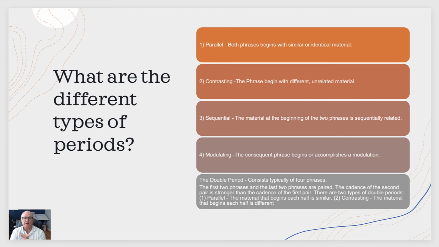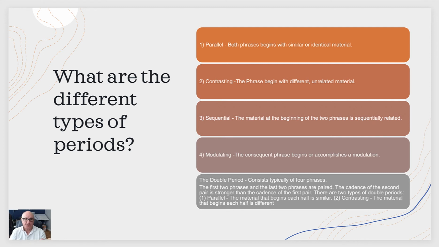So you have the initial phrase, and then the consequent phrase, the one that comes second, modulates. So maybe the first one's in C major, but the whole second phrase is in G, in 5. It's tonicized that whole area 5. That's a modulating phrase. And the double period typically consists of 4 phrases.